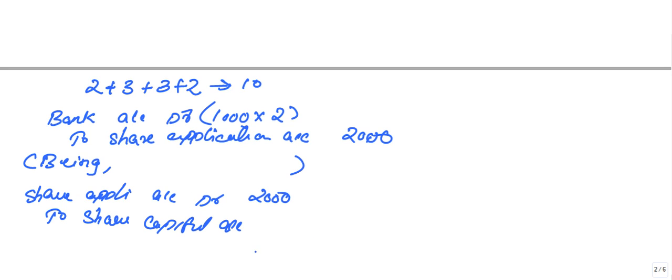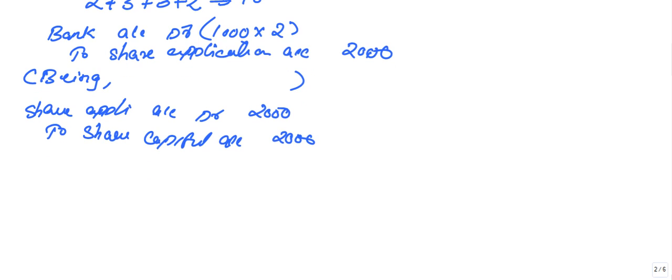Here I am allotting the shares to them, so application money is transferred to the share capital account, 2000 rupees. Now they are the shareholders. Being shares allotted to the shareholders.